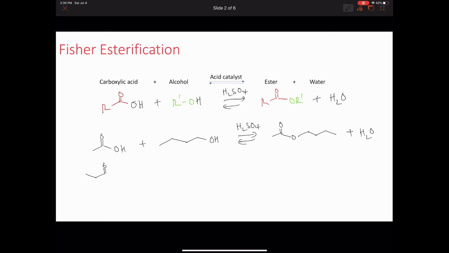The other reaction is propanoic acid reacts with 1-pentanol. Again, we use sulfuric acid as a catalyst. We form the main product, which is pentyl propanoate, and water as a byproduct.